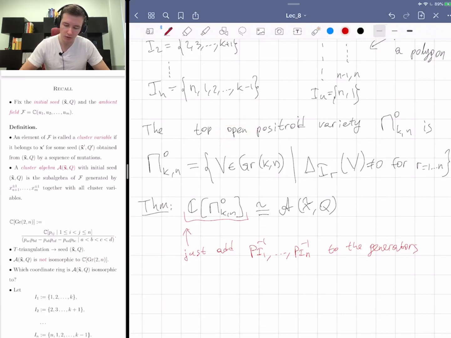Open just means that these things are non-zero, and top means that there will be other lower dimensional positroid varieties.